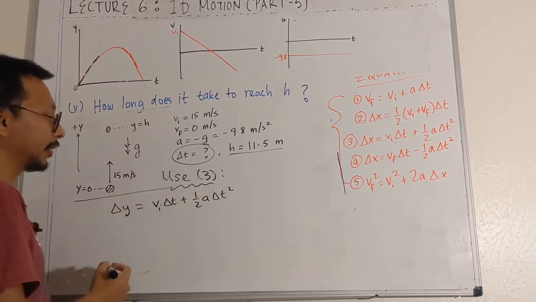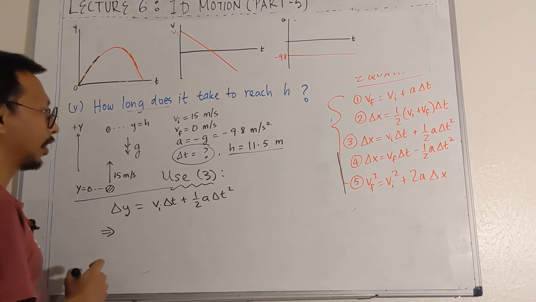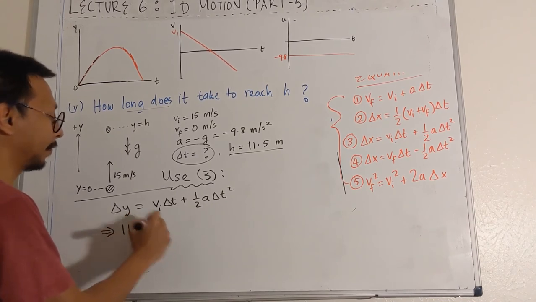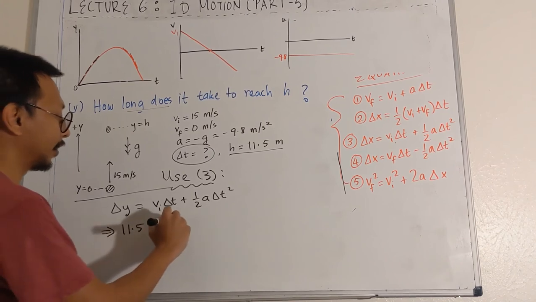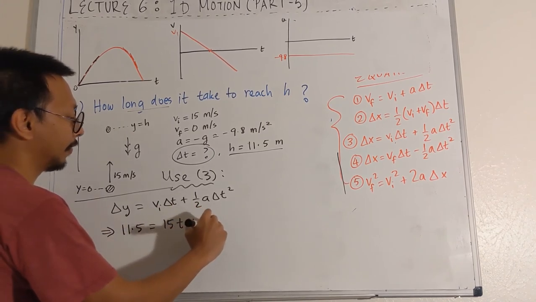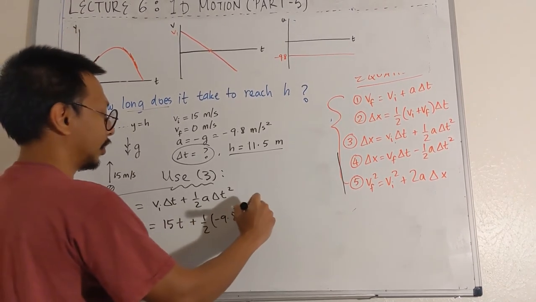Let's represent delta t with t from now on. Delta y is h, which is 11.5. Vi is 15 times t plus 1/2 times negative 9.8 times t squared.